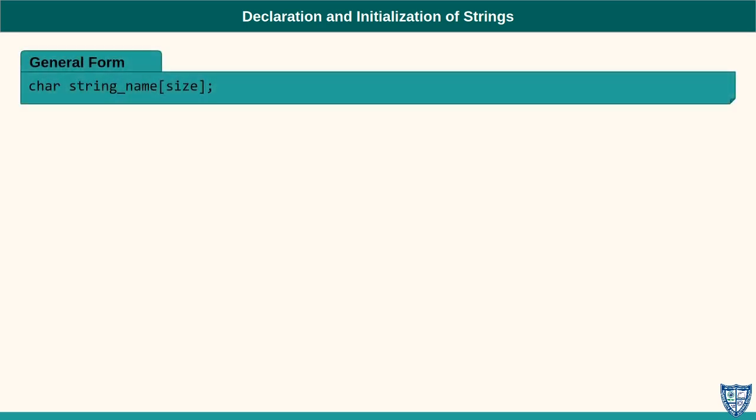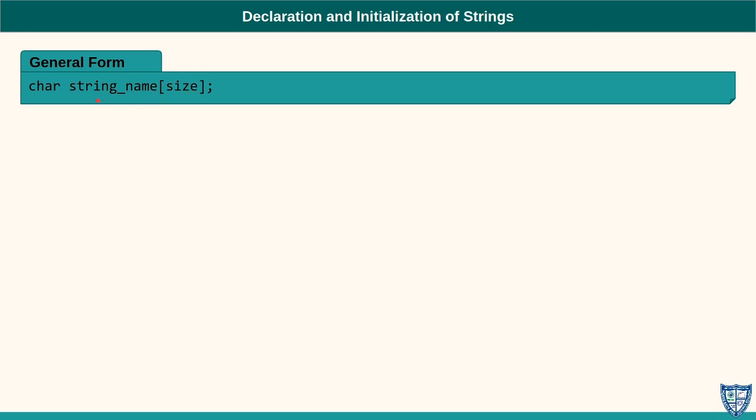Next we will see how to declare a string. A string is declared using this syntax. First, we will use the data type char. Char stands for character. It is one of the primary data types in C. It is followed by the string name, that is the name of the variable, followed by the size of the string in square brackets.